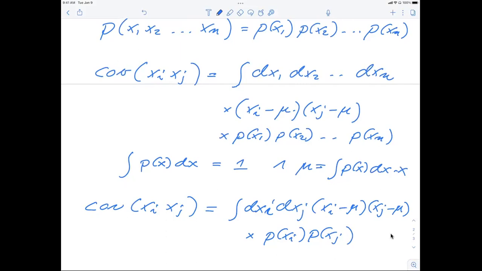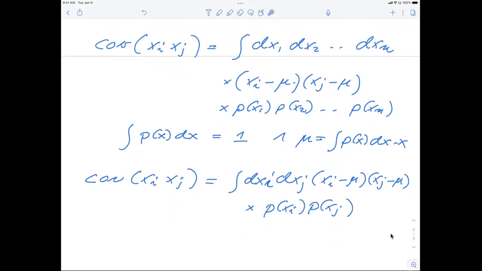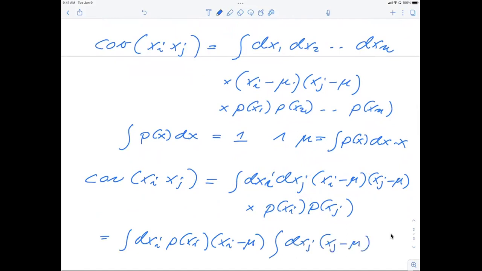And you see now that since these are independent and identically distributed variables, this probability acts only on the dxi part, and similarly the xj part can then be separated. So what we have then is simply an integral over dxi, with p of xi and x of i minus mu, multiplied with an integral over dxj of xj minus mu times p of xj.